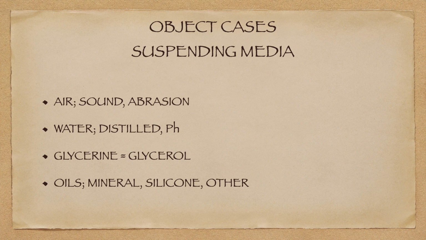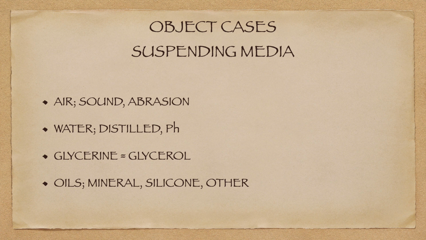There's also the issue of the pH and oxygen content that may oxidize or rust the materials in the case. And so people often use other materials. Glycerin is a highly viscous material, so it slows down the motion significantly.